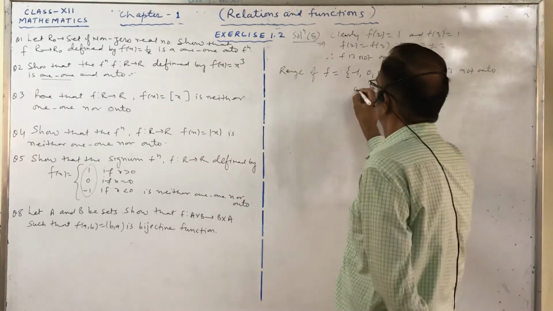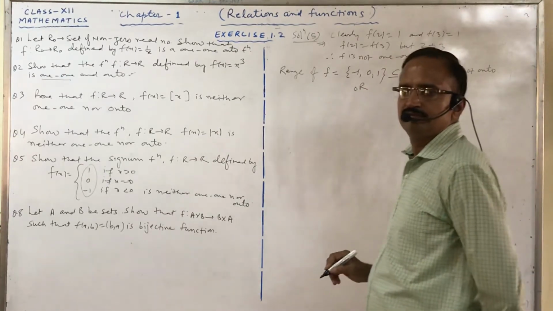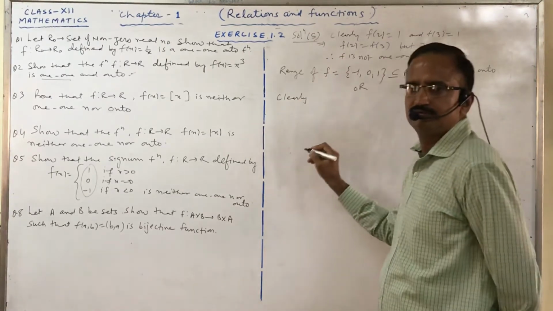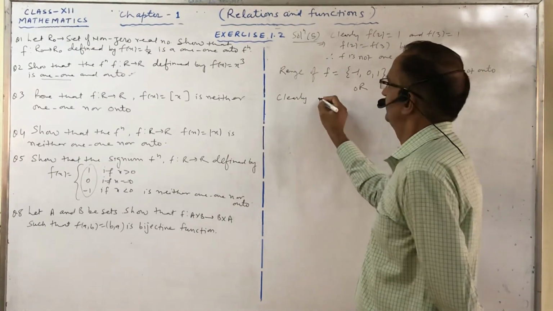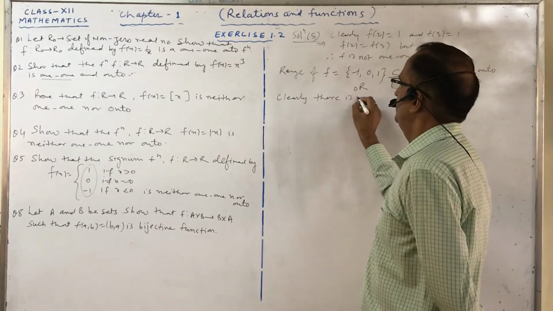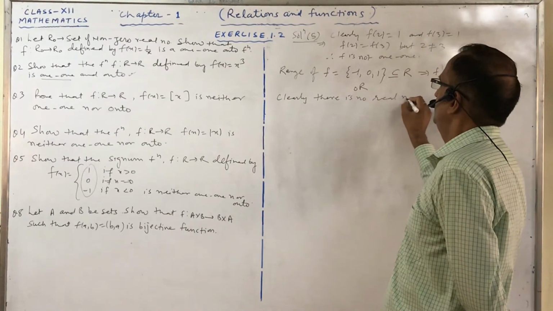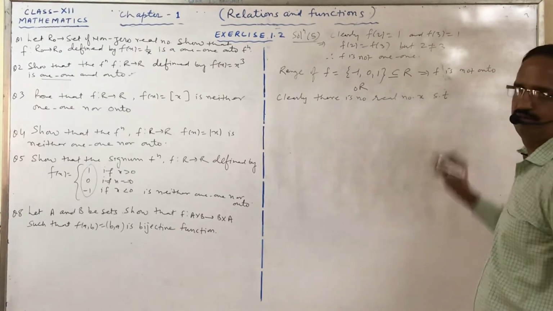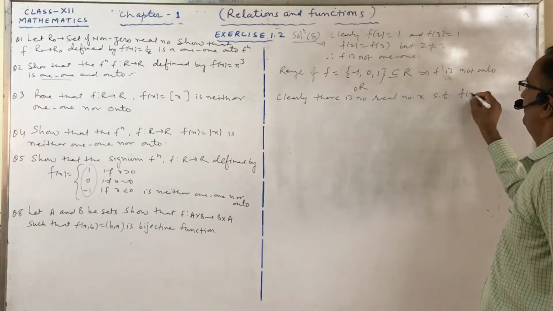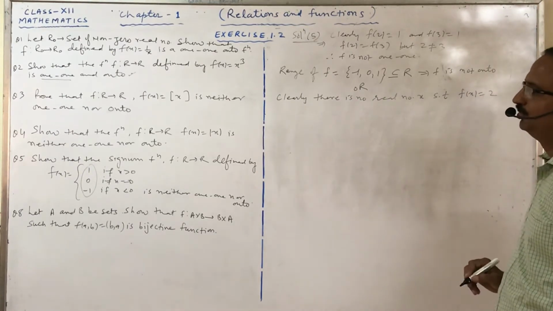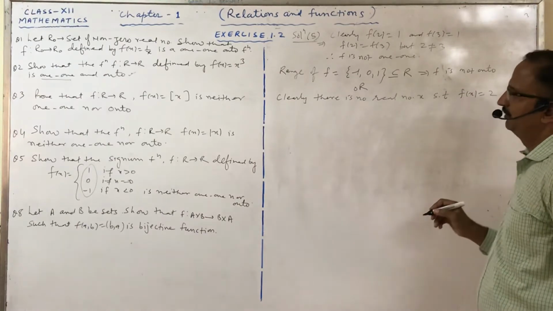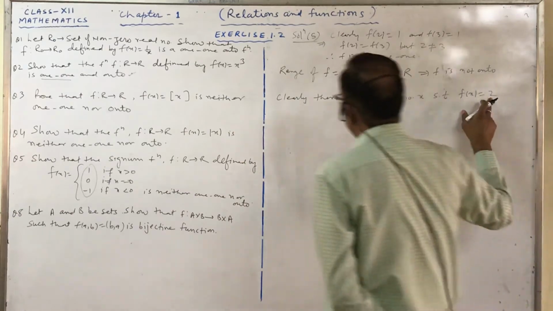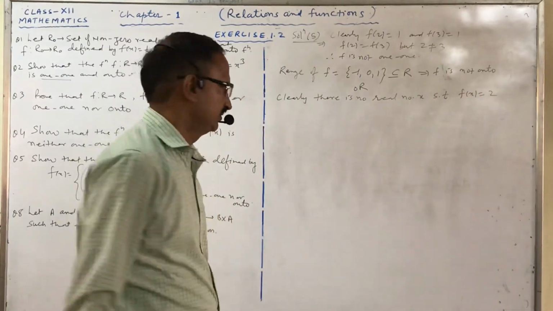Or we can write clearly, there is no real number x such that f(x) equals 2, because for any real number the image is not 2, or we can say that this 2 has no pre-image.